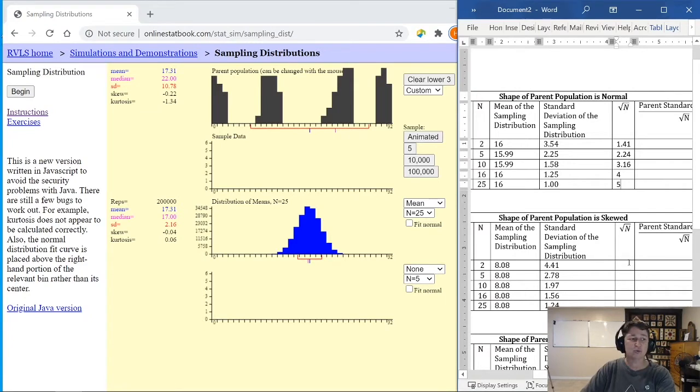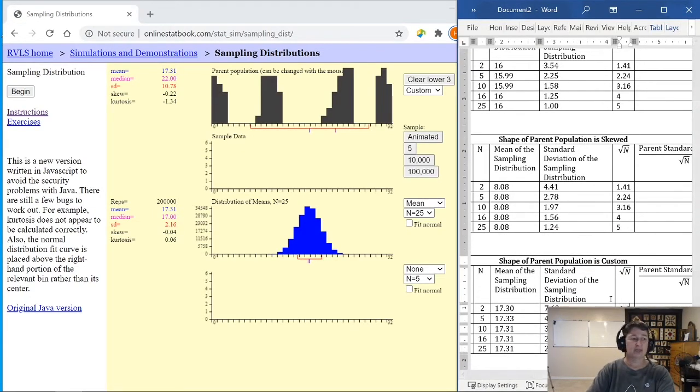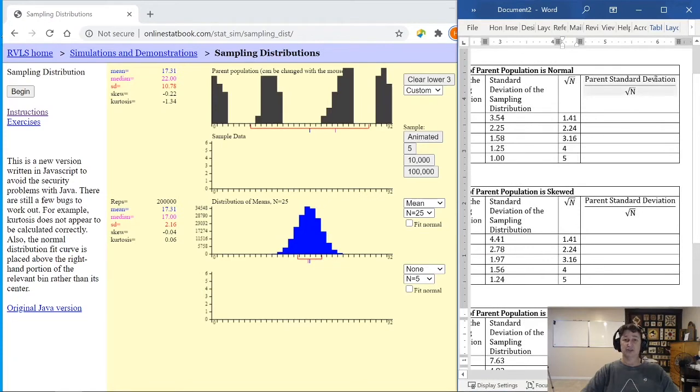Now those same numbers will be true no matter what the shape of my distribution was, because the square roots of 2, 5, 10, 16, and 25 stay the same no matter what. I'm going to use this information in just a second. I'm going to fill in this little chart to help me see this. Now I'm going to take my parent standard deviation and divide it by the square root of my sample size, and see what happens.